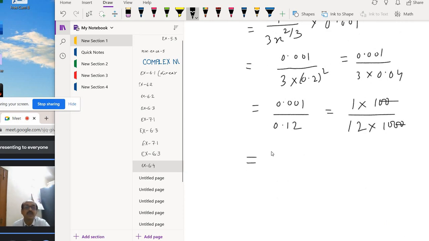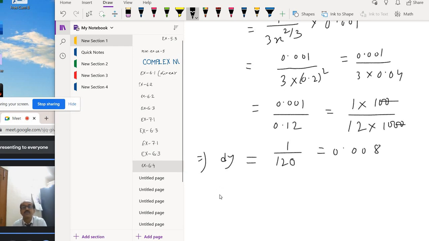So 0.001 by 0.12 equals 0.008 up to 3 places of decimal. This is dy, 0.008.